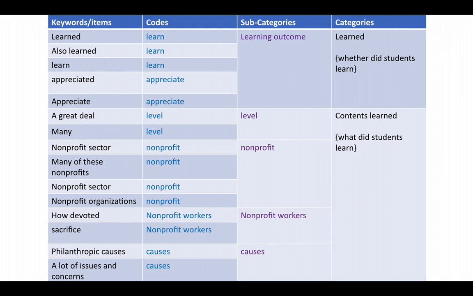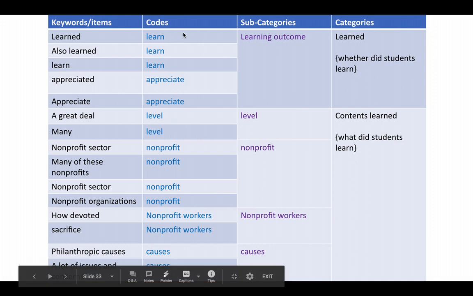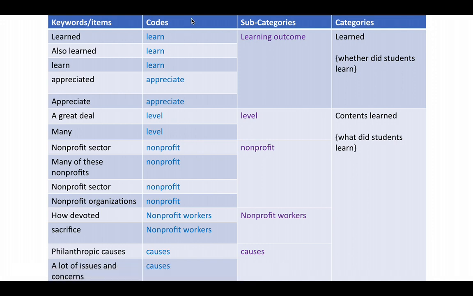In this case, if we are only dealing with a small amount of textual data, it's probably not necessary to come up with a subcategory. You can simply get rid of the subcategory and come up with a larger category. So keywords or items in the first column, then codes. After reorganization, you jump to the categories.